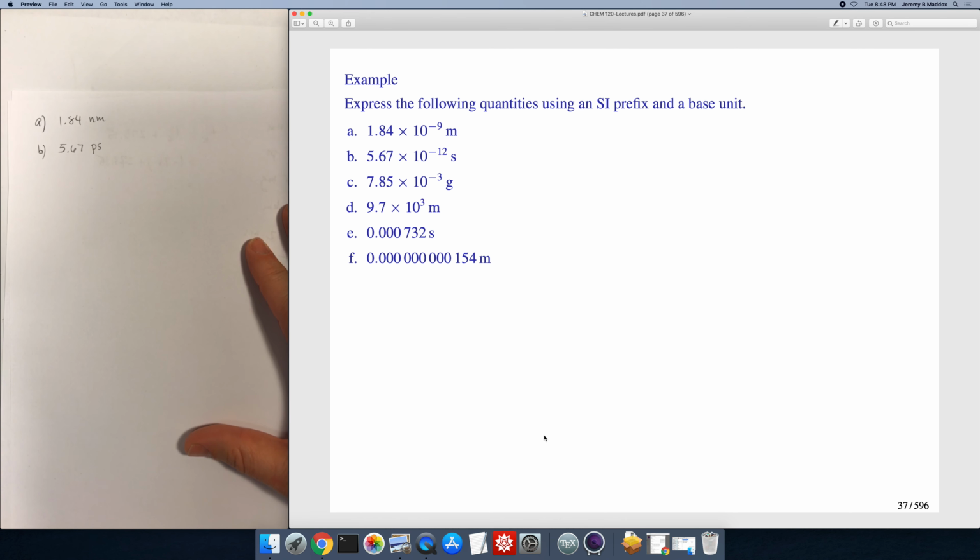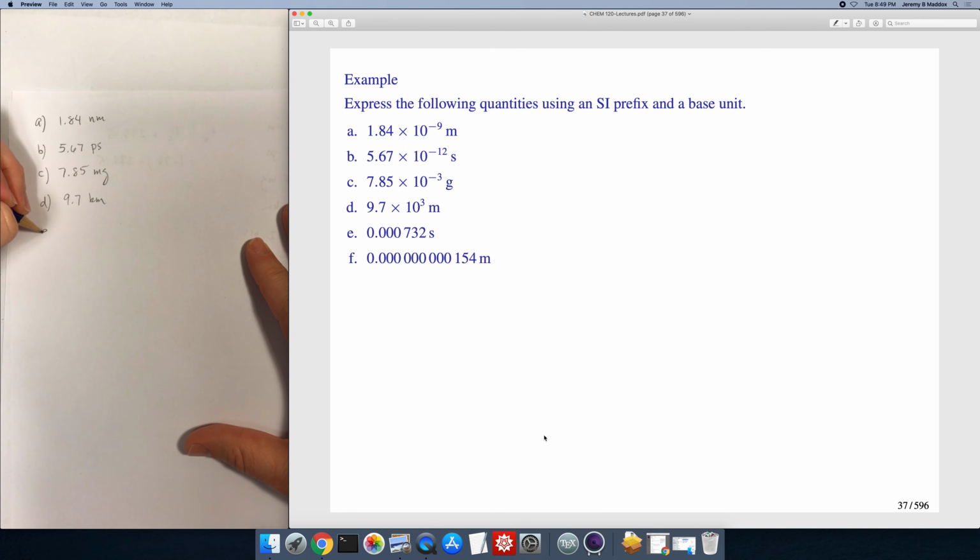So 10 to the minus 12 is a pico. For part C, we have 10 to the minus 3 as the exponent, and so that'll be 7.85 milligrams. For part D, we have 10 to the plus 3, and so that would be 9.7 kilometers. So 10 to the 3 is the kilo.